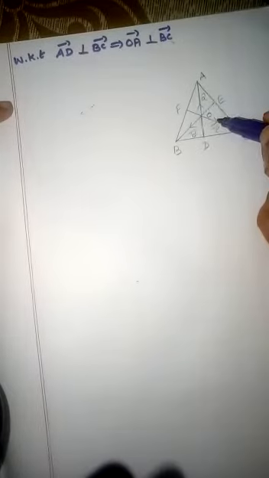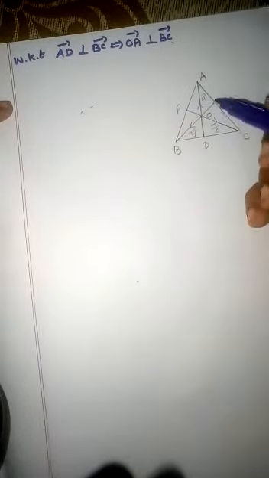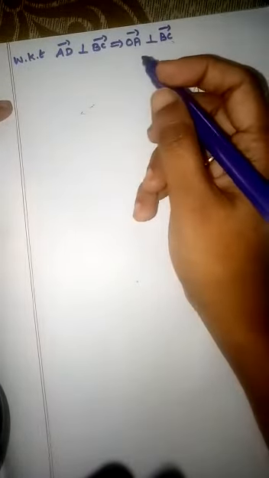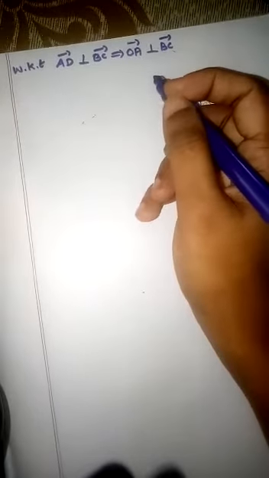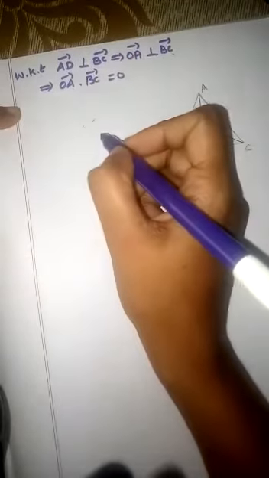Here O is the main point, isn't it? So now you can say the dot product of these two vectors is equal to 0, since both are perpendicular. Which implies OA vector dot BC vector equals 0.